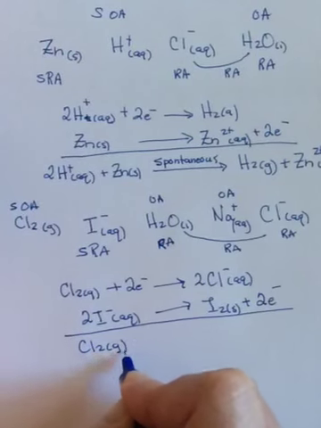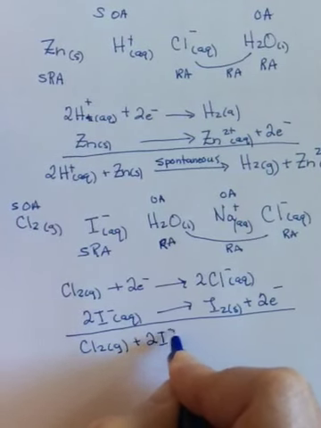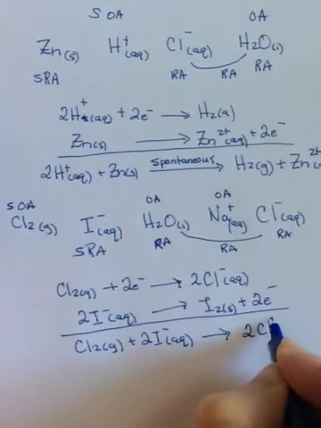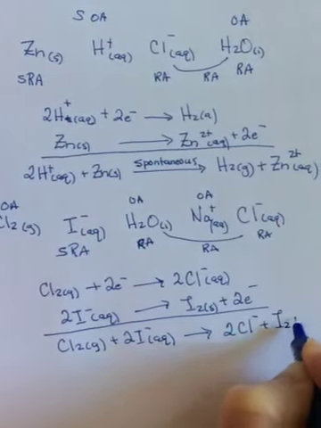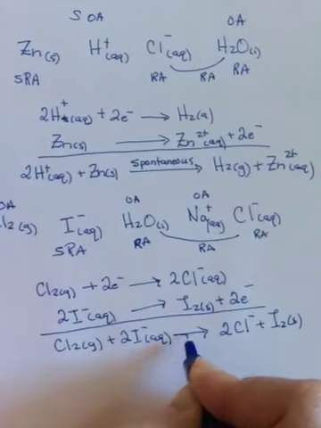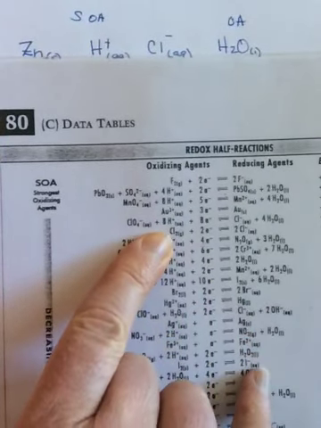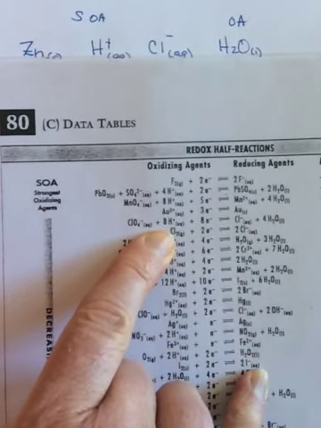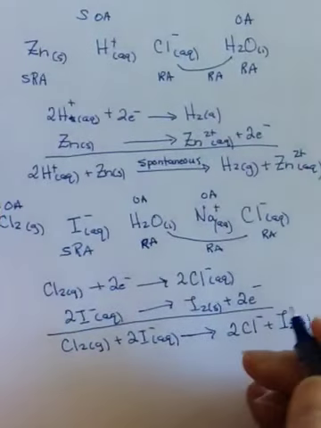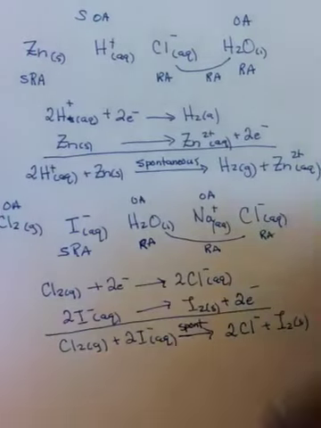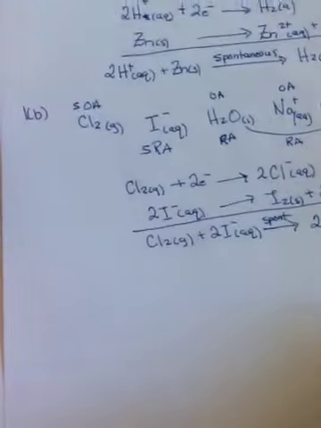Cl2 gas plus the iodide ions going to 2Cl- plus the iodine that you wanted to create. Then you check to see if it is spontaneous or not. Cl2 is up here, I- is down here. OA is above the RA. It is spontaneous. That is good news since you are trying to produce the I2.